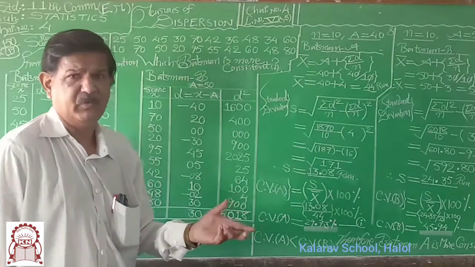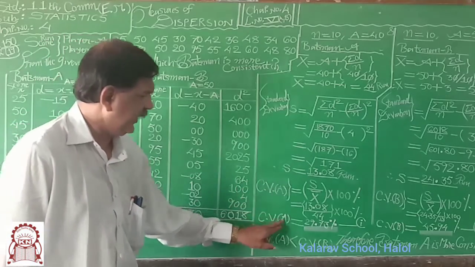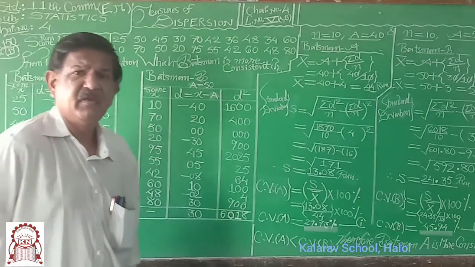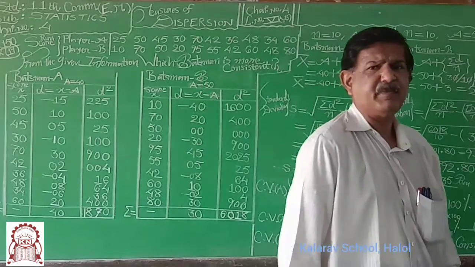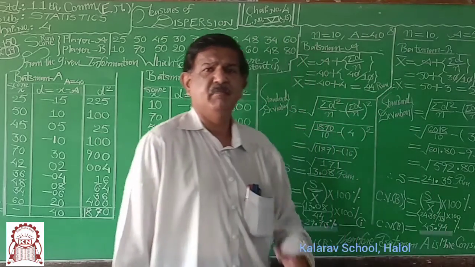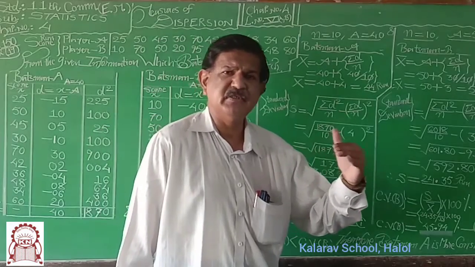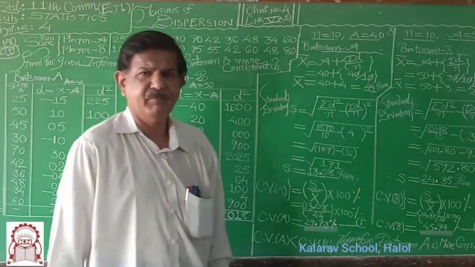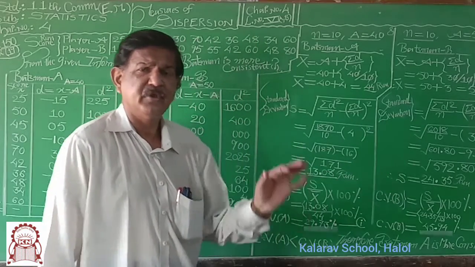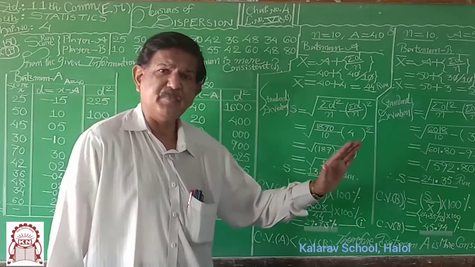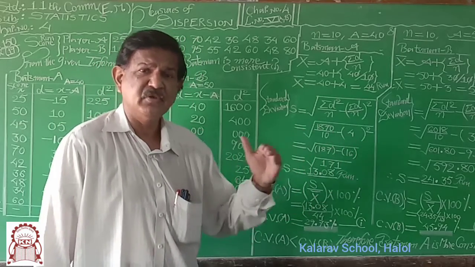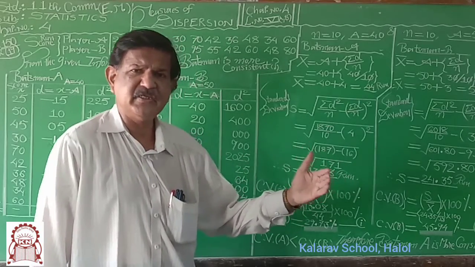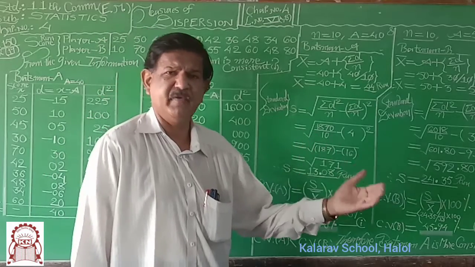Now compare the coefficient of variation for player A and for player B. The series for which CV is less is said to be more homogeneous, more consistent, more uniform, more reliable, more desirable.